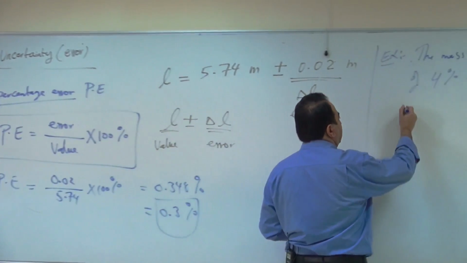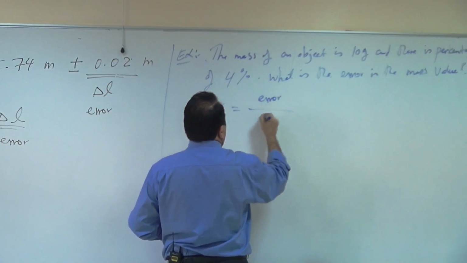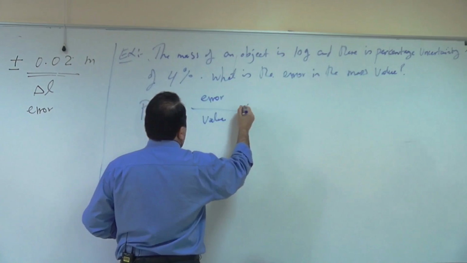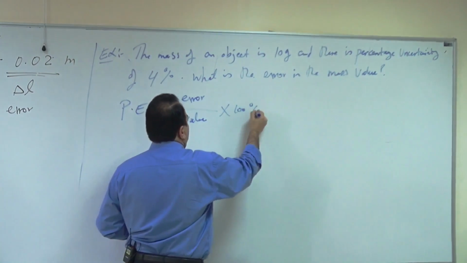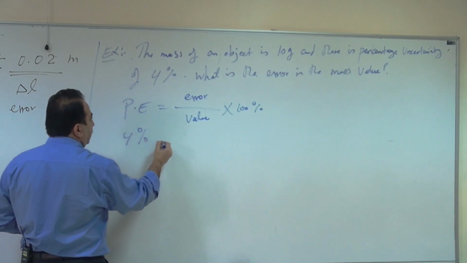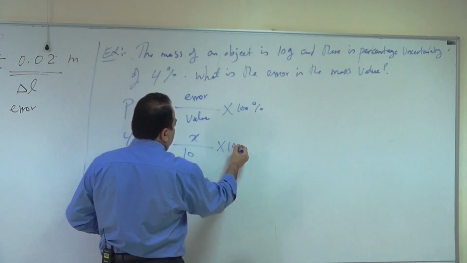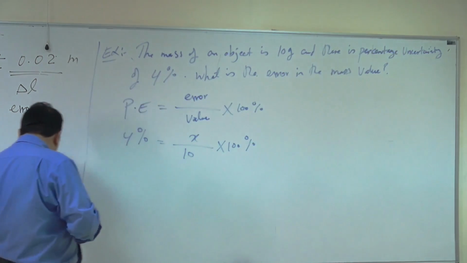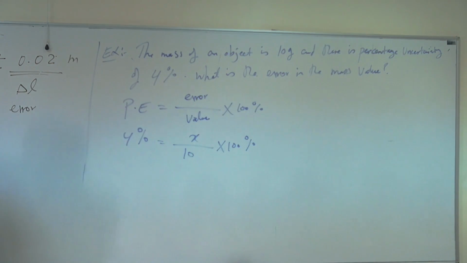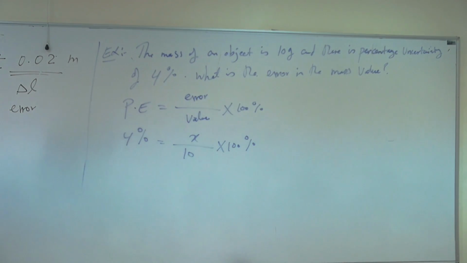So PE, %, X 10. Now, of course, it looks like a simple question, but there are some things. Sometimes students get things wrong in calculating using the calculator.